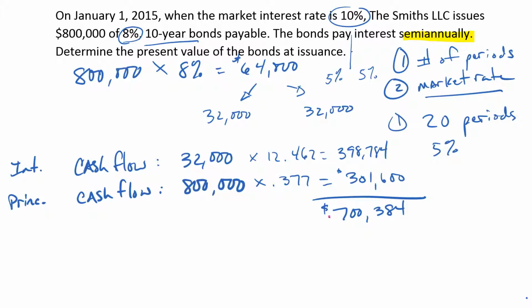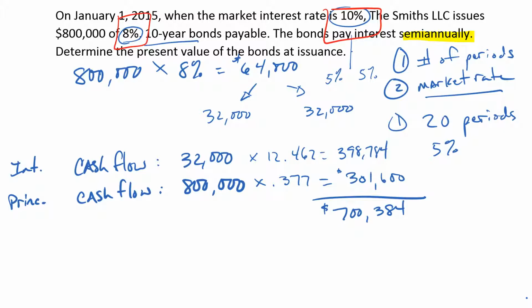Now, we already knew that they were going to sell at a discount just because of the rates. Our bond is only going to pay 8%, but the market rate is 10%. So the way that we are going to entice people to buy our bonds is to discount the price.